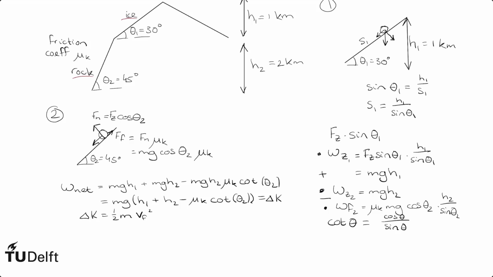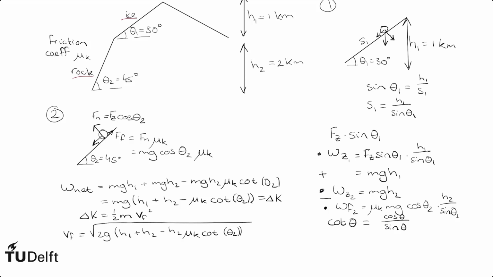We see that the mass drops out, and we multiply the answer by 2 and take the square root, so the final velocity is the square root of 2 times g times h1 plus h2 minus h2 mu k cotangent of theta 2, and then it's the square root of this whole thing.